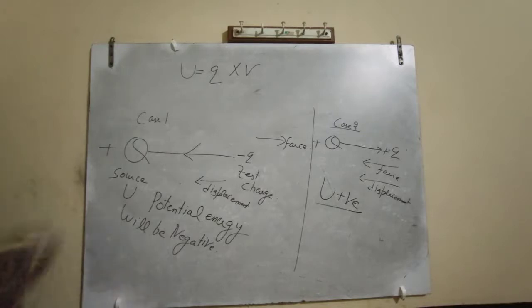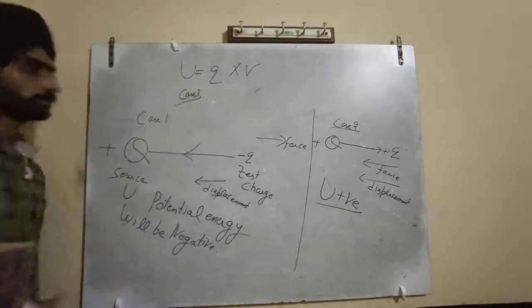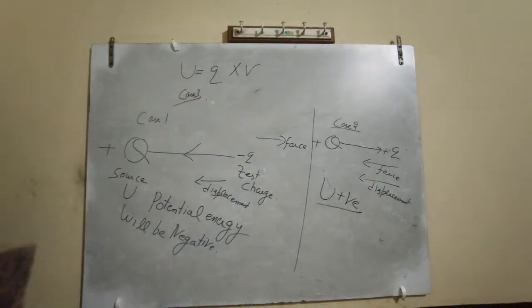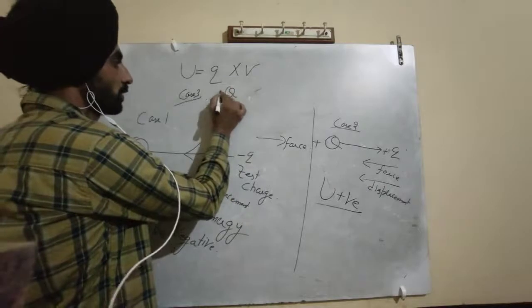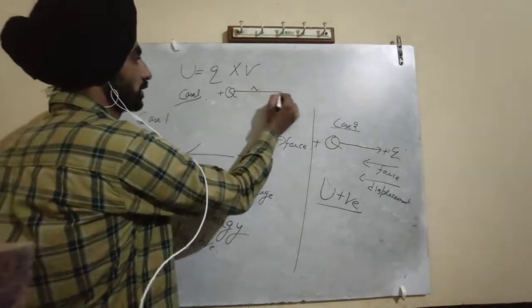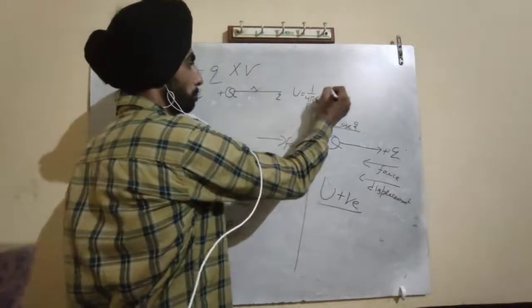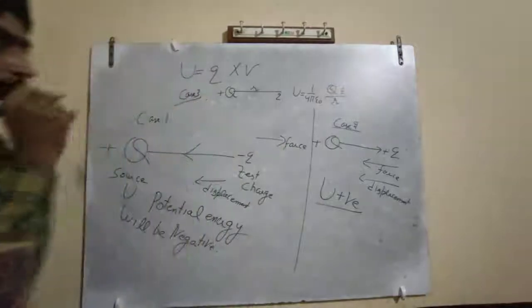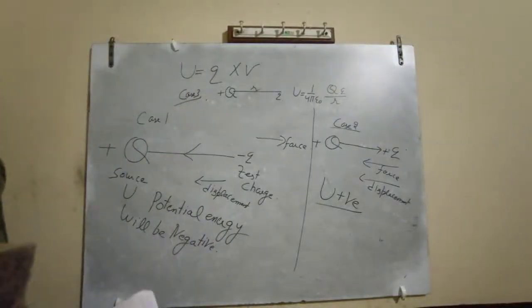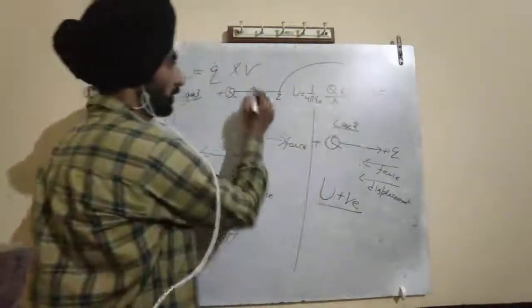like this. This is case number 1, this is case number 2, and there is a case number 3, okay, like this. So what is the potential energy between this and this? 1 upon 4 pi epsilon naught, first charge, second charge, distance between both the charges. So okay, if Q is at infinity, so what is the value of R?